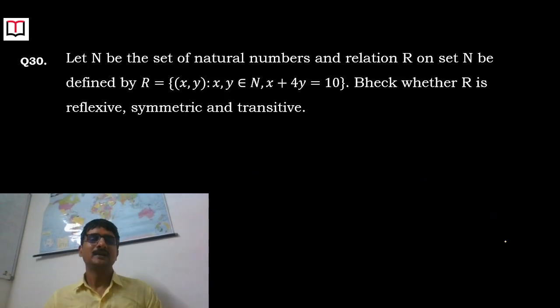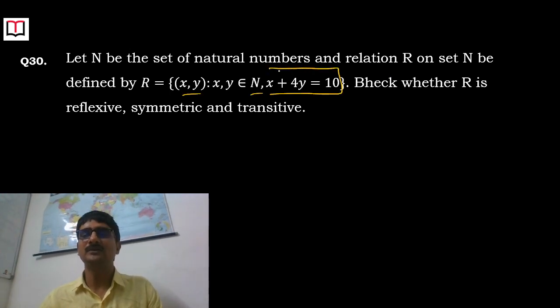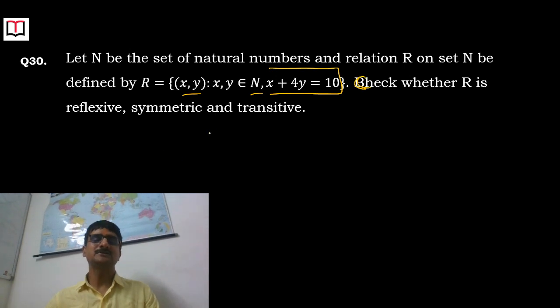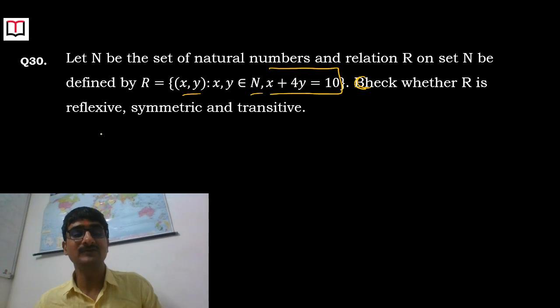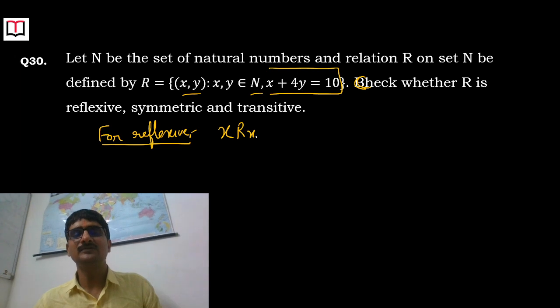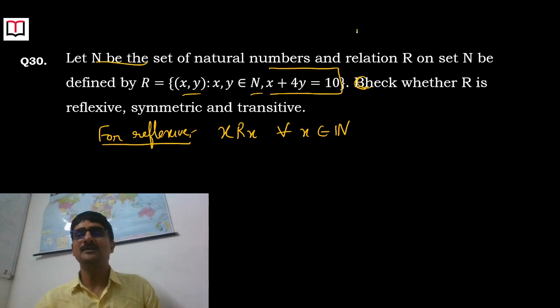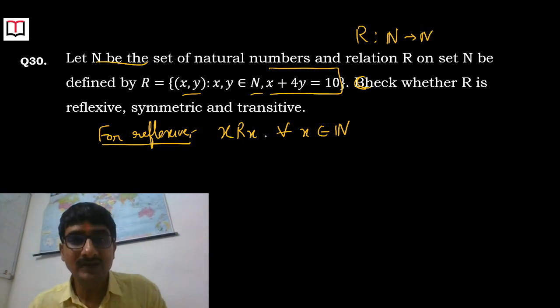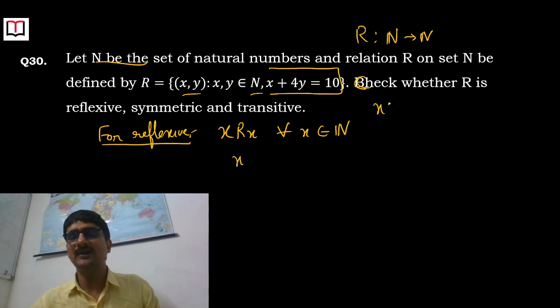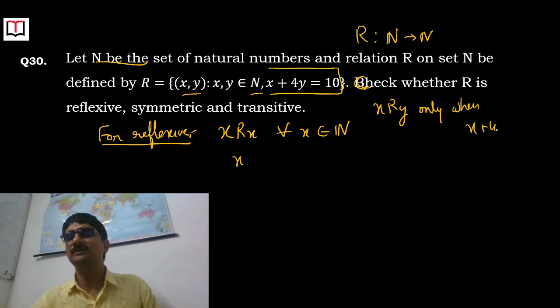Let R be the relation defined by x plus 4y is equal to 10. Check whether R is reflexive, symmetric, or transitive. For reflexive, what do we need to do? It's a 3 marker question, so just write this. For reflexive, x should be related to x for all x belonging to the set of natural numbers, because R is a relation from N to N. Now x is related to y only when this relation is followed, so x plus 4y is equal to 10.